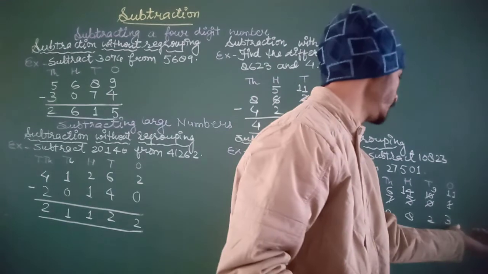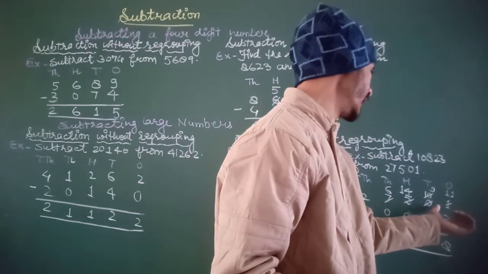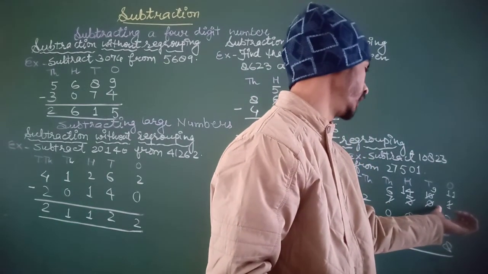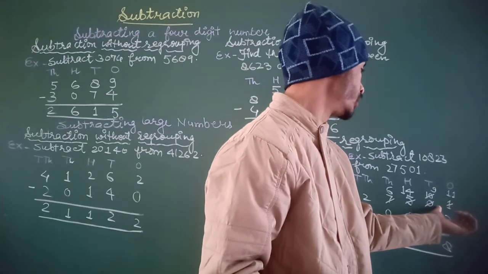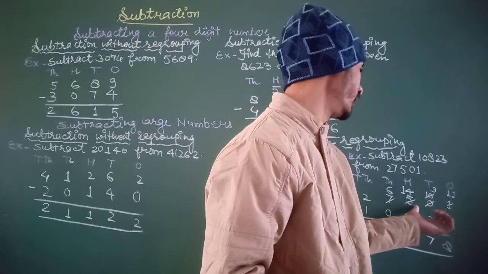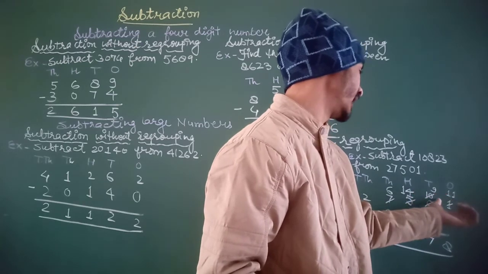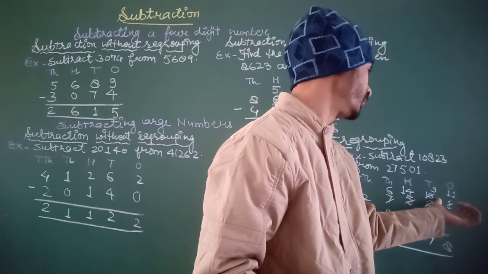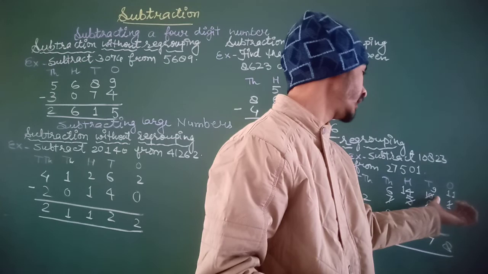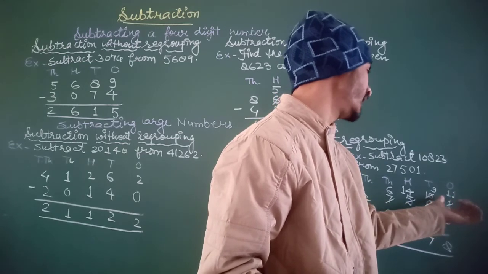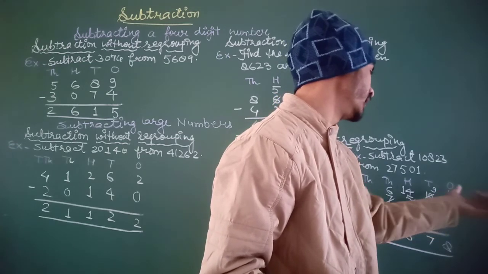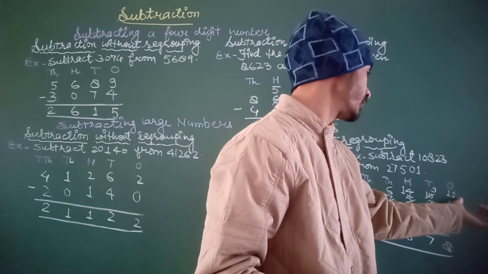3 ones cannot be subtracted from 1 one and 0 tens cannot be regrouped. Okay, so regroup 500 0 tens into 400s and 10 tens, sorry. And now regroup 10 tens 1 one into 9 tens and 11 ones.